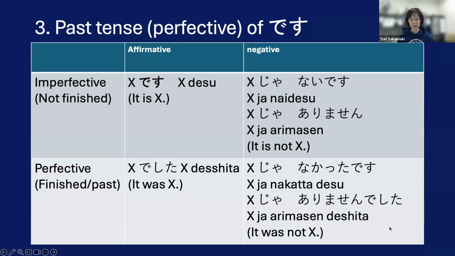Also, it was not something. So again, we have two forms. ペンじゃなかったです or ペンじゃありませんでした. So now you recognize ありません here, right? The literal translation is that it's not, pen doesn't exist, but I guess it's like penness is not there.